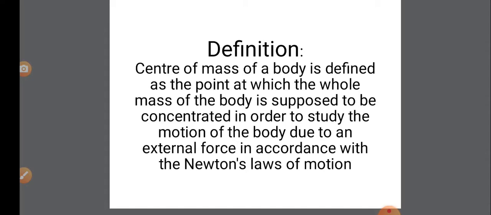The center of mass of a body is defined as the point at which the whole mass of the body is supposed to be concentrated in order to study the motion of the body due to external forces in accordance with Newton's laws of motion.